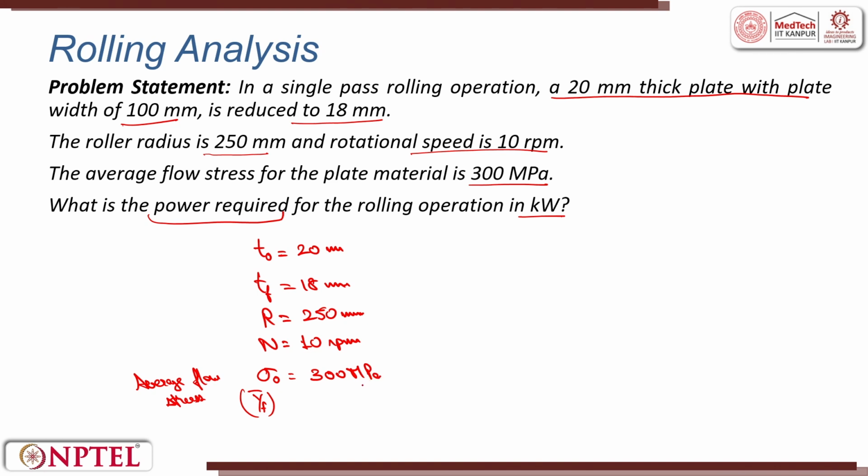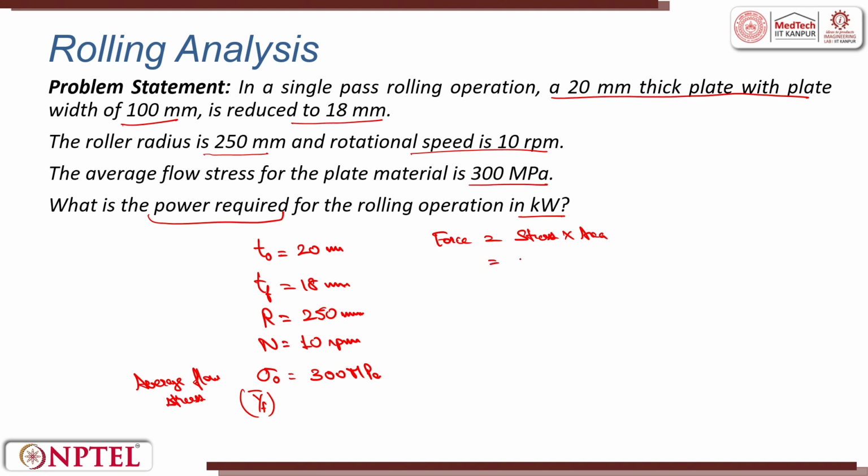I need to now find the power. To find the power, we will first calculate the force and the torque. To find the power, we will first find the force. From the force, we will find the torque. From torque, we will come to power. Now, we know that force is equal to stress into area.